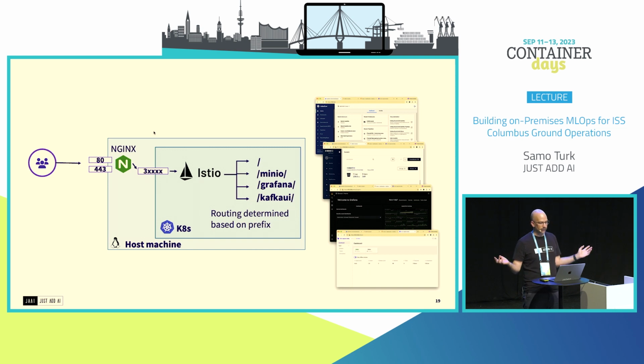So in the end, we did a pragmatic thing. We just expose the Istio gateway as a node port, and on the host machines there's an Nginx server working as a reverse proxy, listening for all the traffic coming from users, and if traffic comes, it just sends it over to Istio. Nginx also does TLS termination in our case.